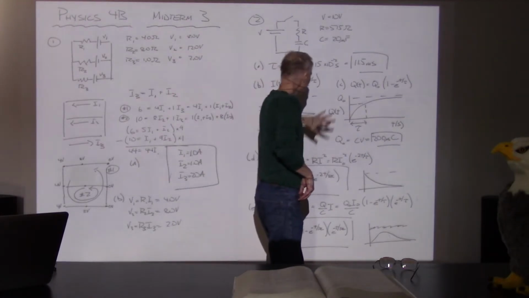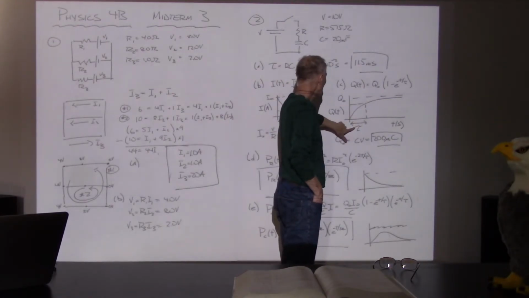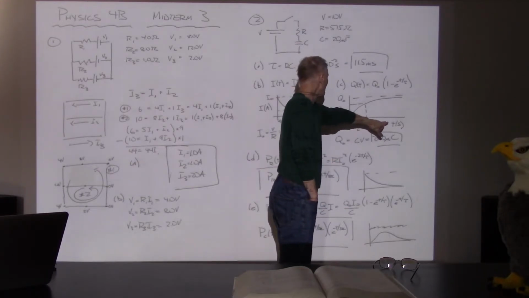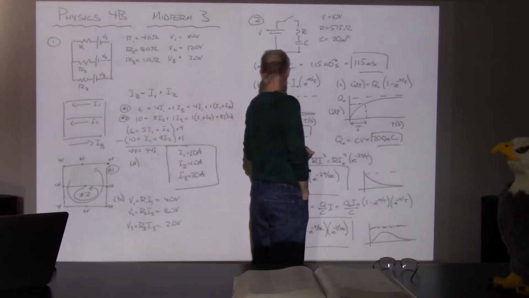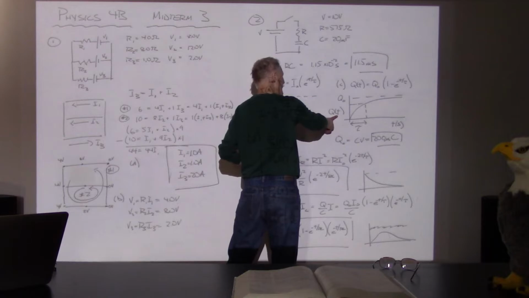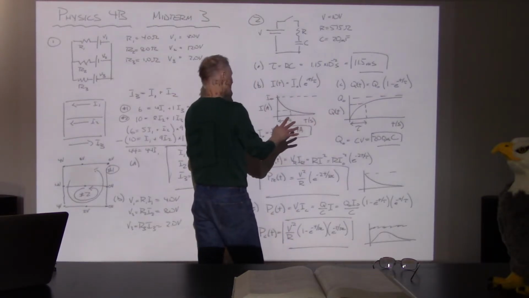And for this flipped over exponential, one time constant takes us up to 63%. Okay, so I got that labeled. Oh no, I can't believe it. I labeled this as time? No, it's Q of time. Never mind.